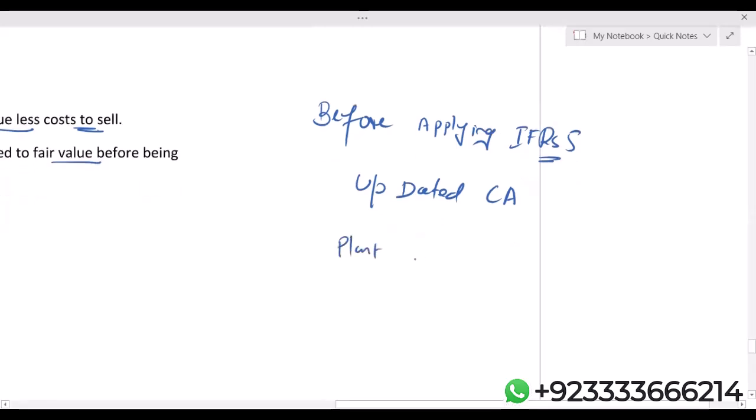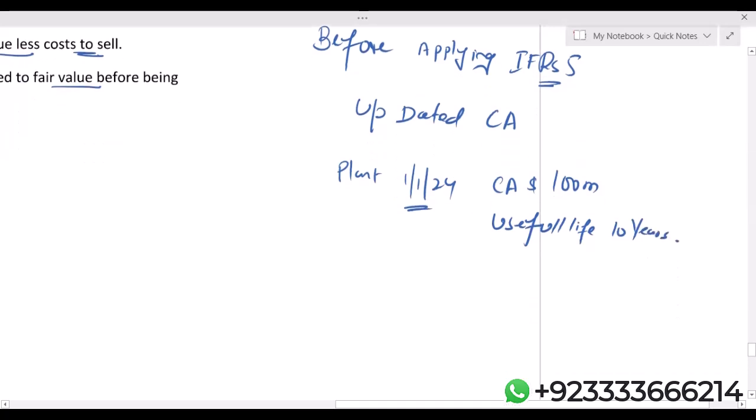For example, I'm just assuming, okay. Let's say there's a plant. Assuming the carrying amount is $100 million and the remaining useful life is 10 years. Assuming on 30th June 24, IFRS 5 criteria is met.